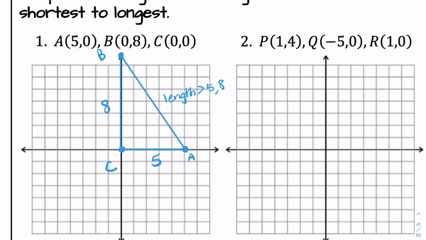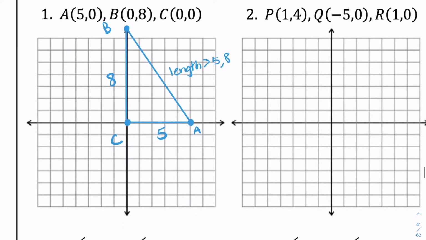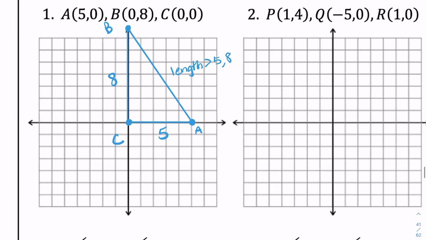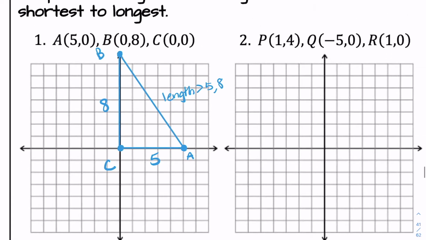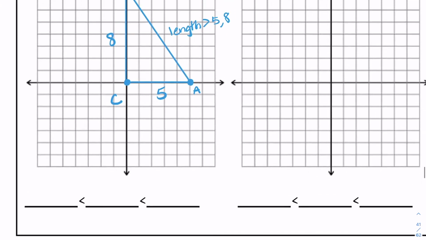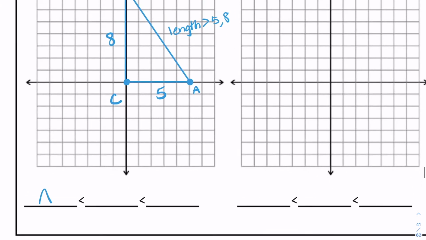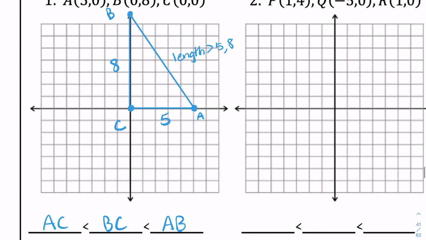Look at how much longer that is on the diagonal there. So I'm going to put the sides in order from shortest to longest. The shortest side is AC. The middle side is BC, and AB is actually the longest side here.